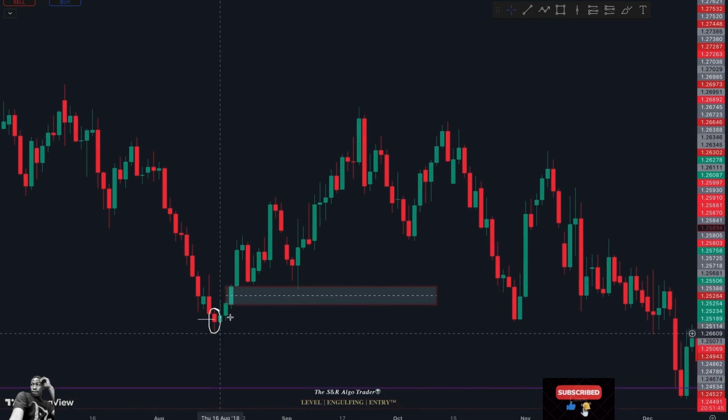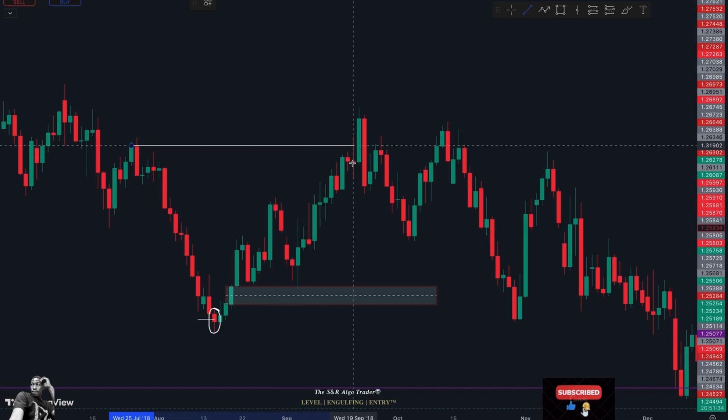The imbalance here was this candle that pushed price to break the structure here. So this candle, the last bearish candle.